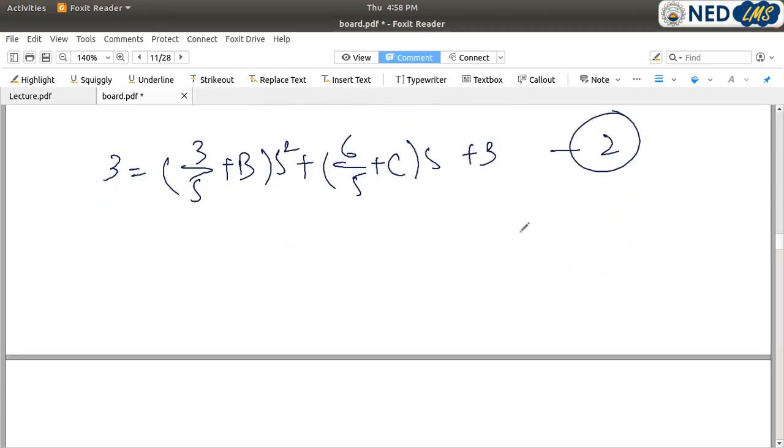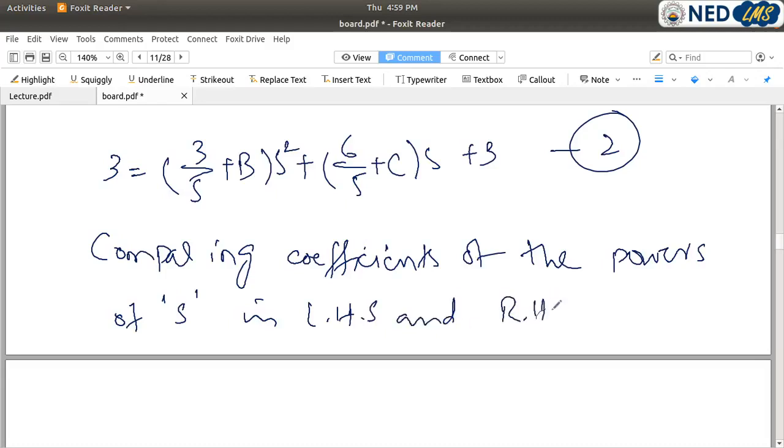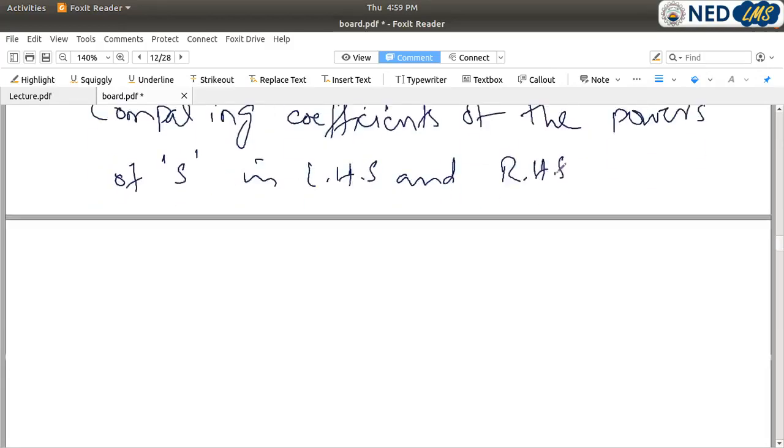Now, comparing coefficients of the powers of s in the left hand side and right hand side of equation 2. So write a statement: comparing coefficients of the powers of s in LHS and RHS of equation number 2.